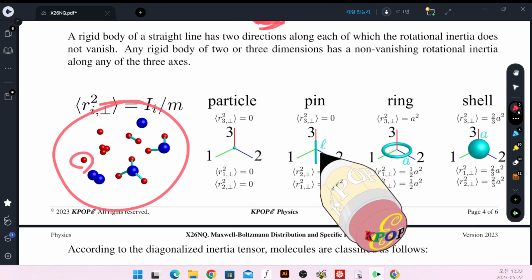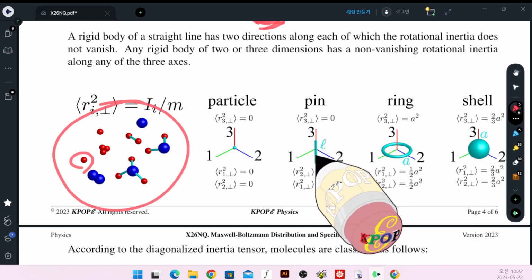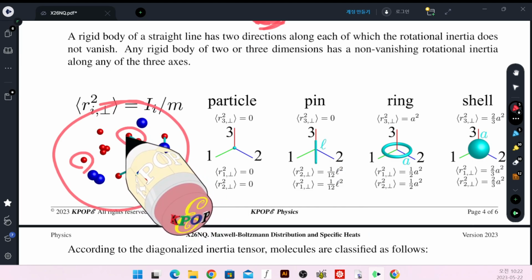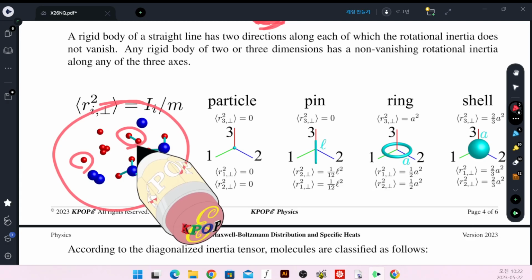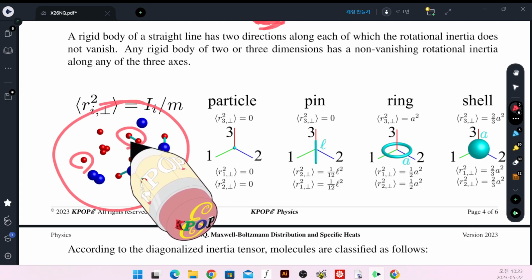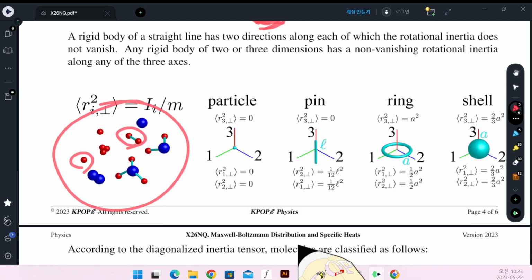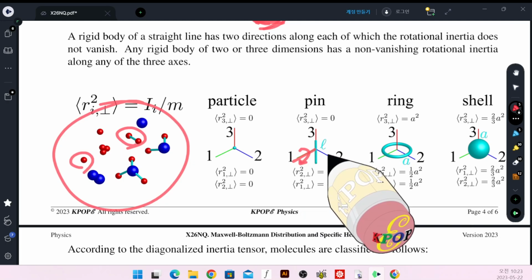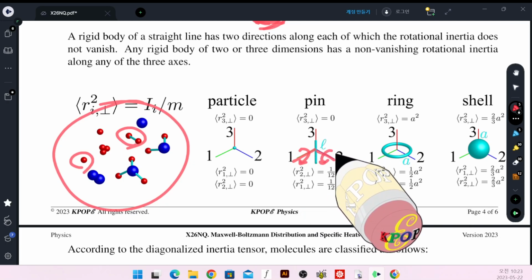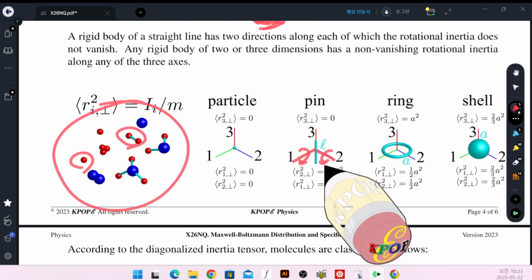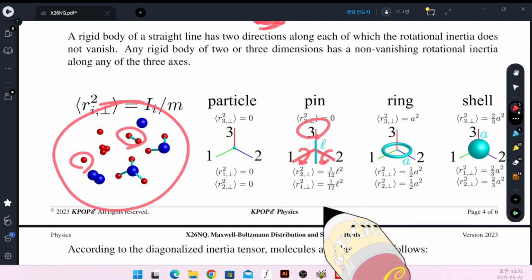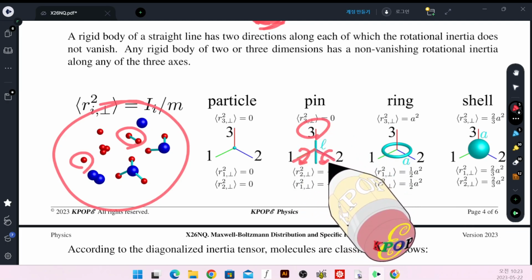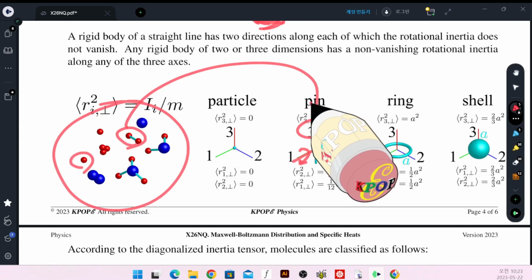What about this pin structure? We have two atoms connected to construct a molecule, so this is a diatomic molecule. In that case, we can make a rotation about this and this to have non-vanishing rotational inertia. However, if we choose the axis of rotation about the z-axis, the rotational inertia vanishes.